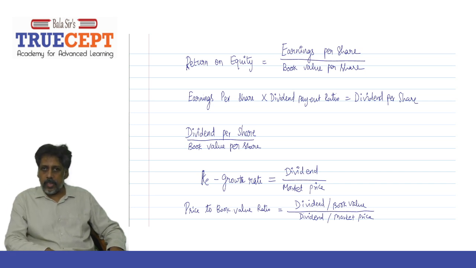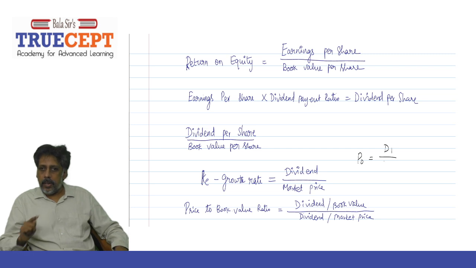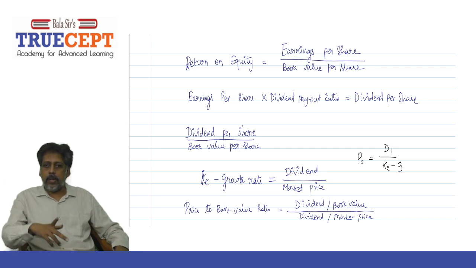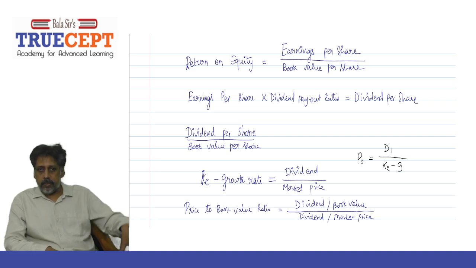If you want, you can jot it down, guys. P naught is the market price, equals numerator D1 in the denominator KE minus G. Few days before the examination, you should know this by heart.